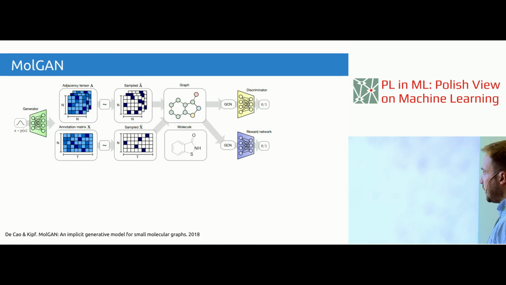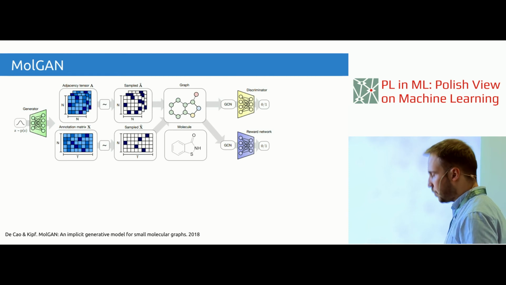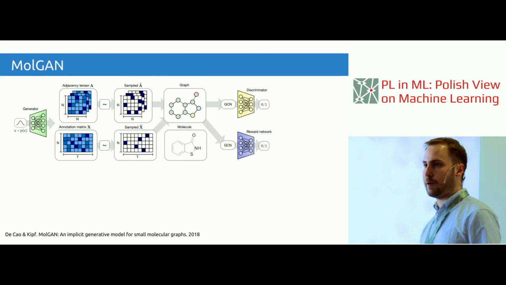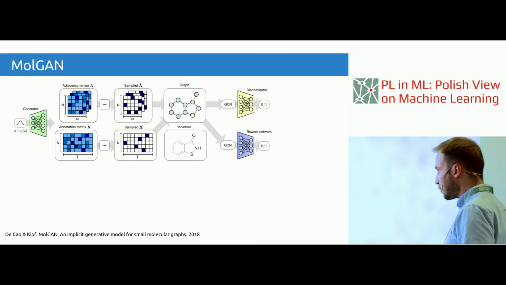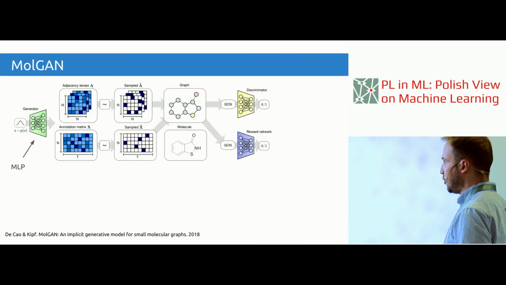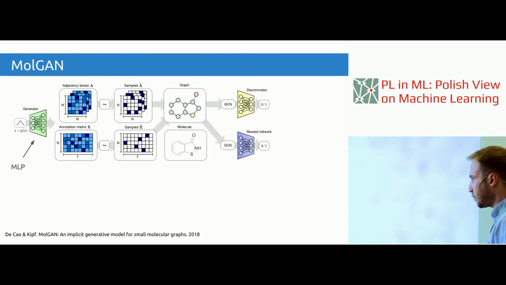Okay, and there is a really nice paper from this year by Nicola De Cao and Thomas Kipf, where they are actually proposing such a GAN model for generating graph-based molecules. What they are basically doing is using just a multi-layer perceptron for generating adjacency matrices and node feature matrices.